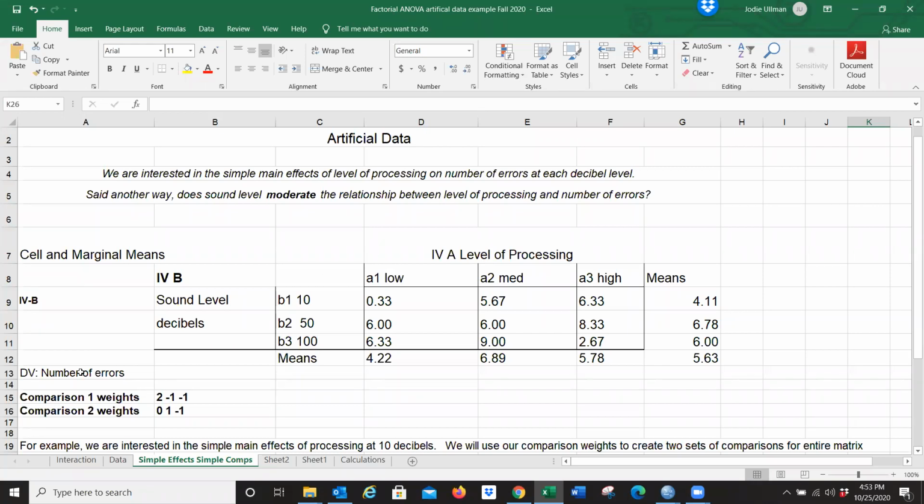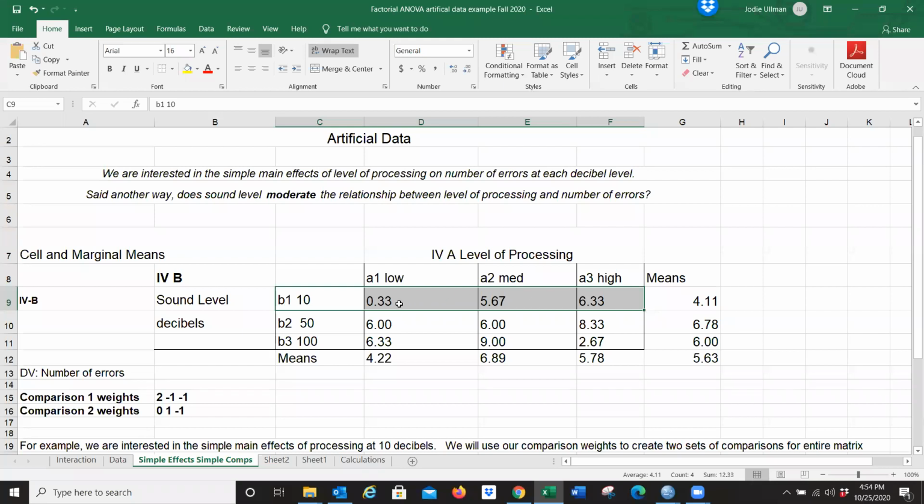And what we're interested in is the simple main effects of level of processing at each decibel level. So we could say, are there statistically significant mean differences in number of errors as a result of level of processing, low, medium, and high, for people who hear 10 decibels.